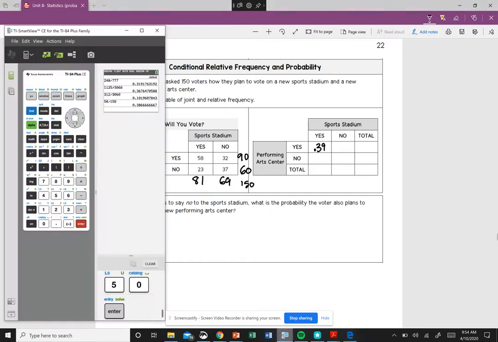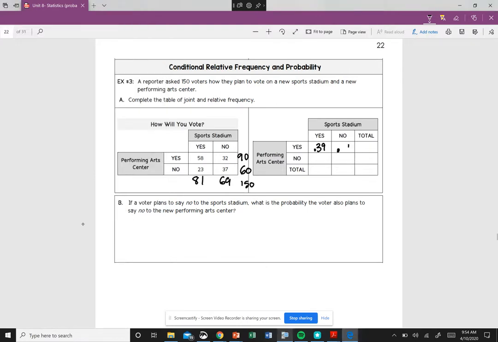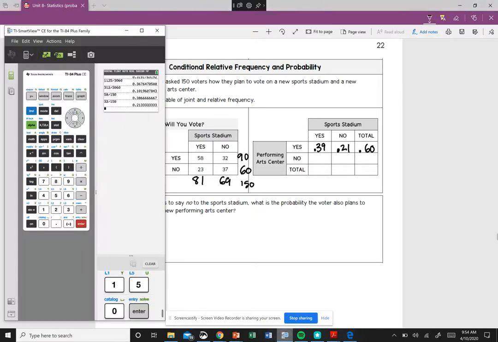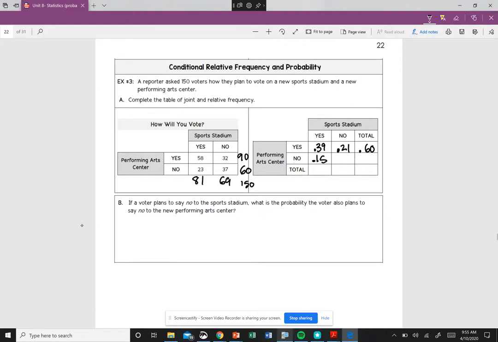And then we're going to do 32 divided by 150, and we get 0.21. If we add those together, we get 0.60. And that's about what 90 out of 150 is, by the way. Do 90 divided by 150, get 0.6. Okay, let's do 23 divided by 150, and we get 0.15.